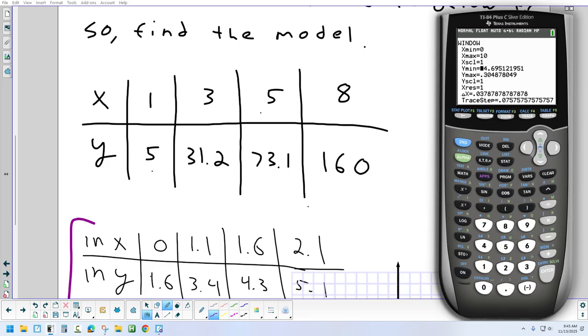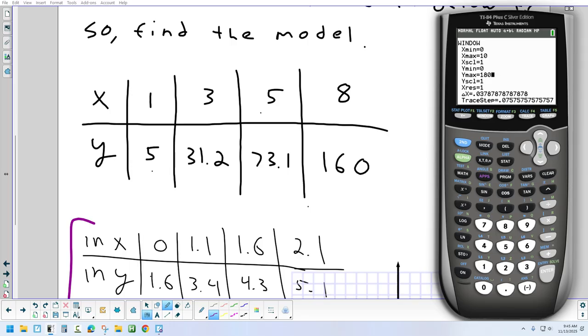Well, Marin, what do you think? 4. You could do 4. I'd probably just do 0, only because we're going to be going so big on the y-axis. Whether you do 0 or 4, it's not going to make much of a difference, but 4 might look kind of close to the edge. And what would be a good value for the y max? Yeah, I'd probably do like 180.